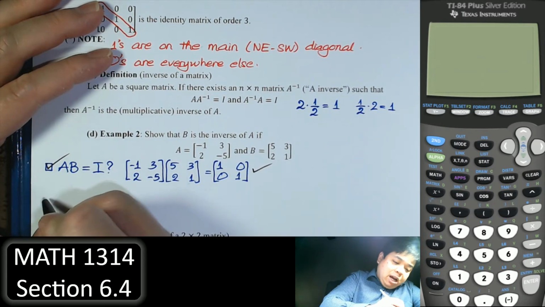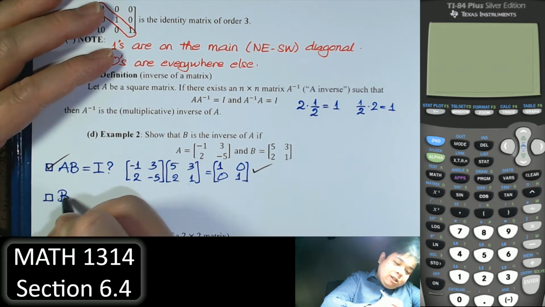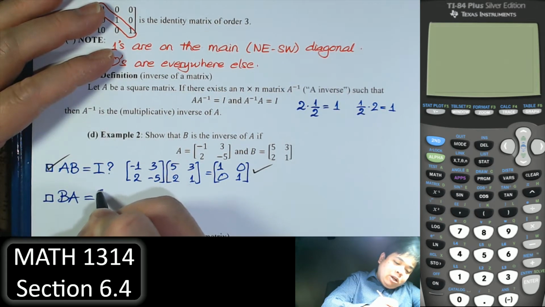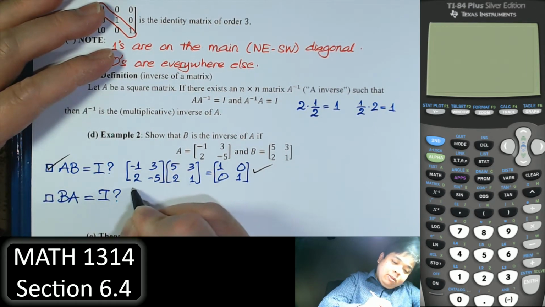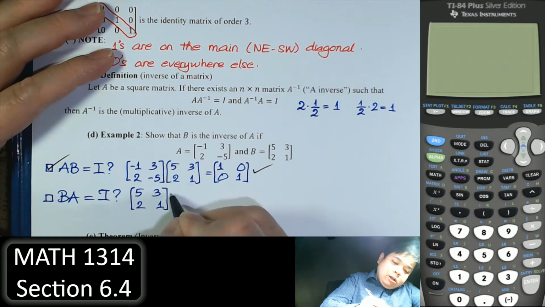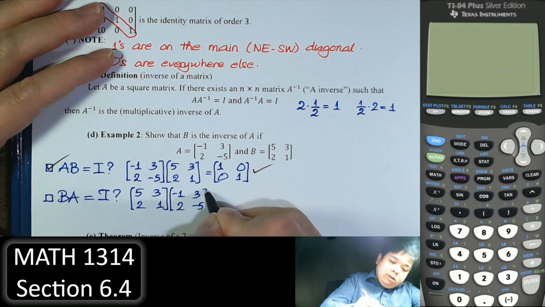Now we take B times A. Is that equal to the identity matrix? B is 5, 3, 2, 1 and A is negative 1, 3, 2, negative 5.